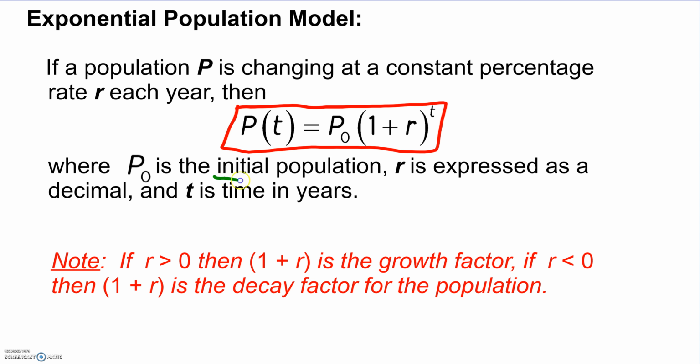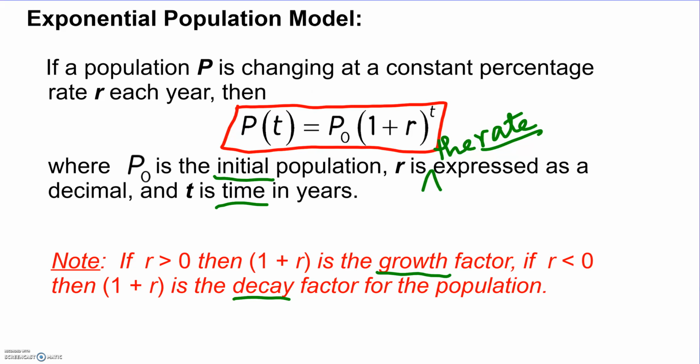Let's see, P0 is the initial population, R is, actually that is left off of here, let's add that in, R is the rate, sorry about that, expressed as a decimal, and T is time in years. If R is greater than 0, then 1 plus R is the growth factor. If R is less than 0, then 1 plus R is the decay factor for that population.